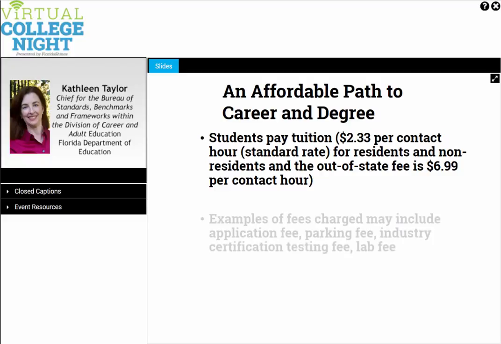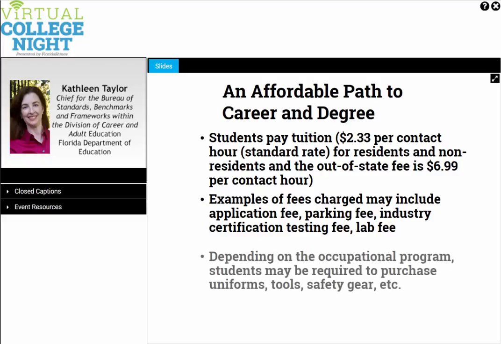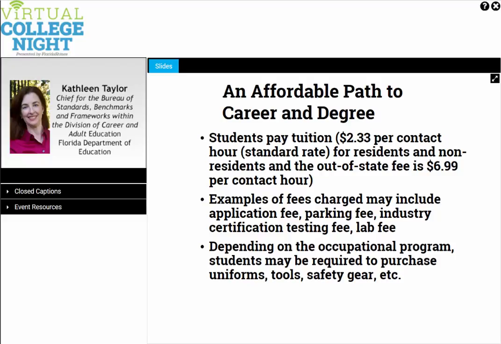Just like our public colleges and universities, certificate programs in technical centers are considered an excellent value relative to other states. At $2.33 per clock hour, a 600-hour program would be approximately $1,400 for residents, plus some discretionary institutional fees.